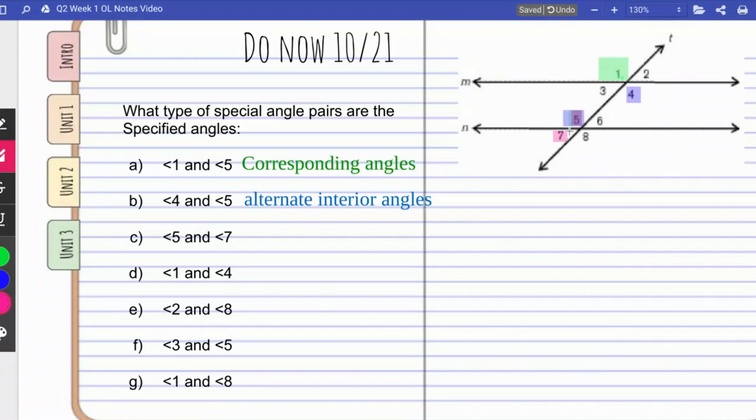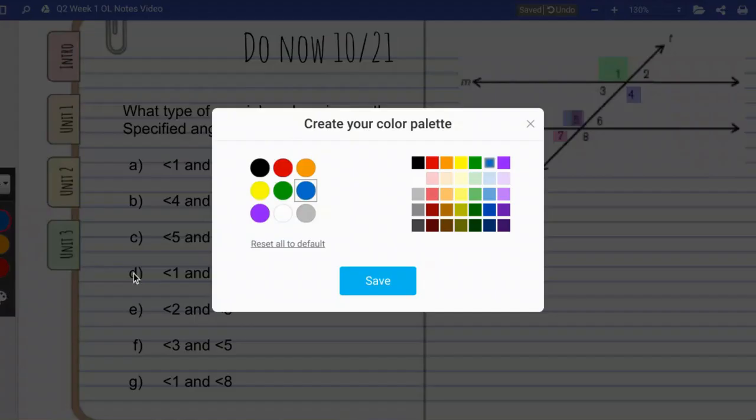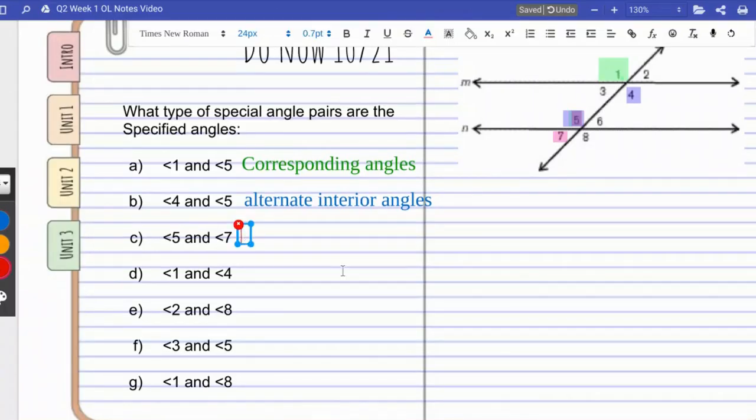Well, those are adjacent to each other and they form 180 degrees. So those are called a linear pair. You know those are always supplementary.